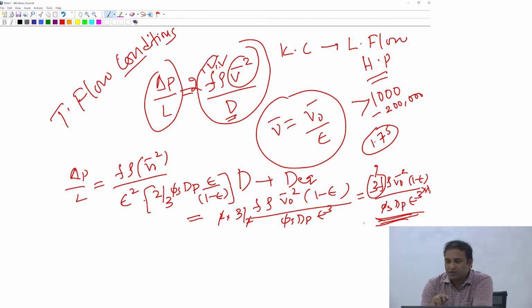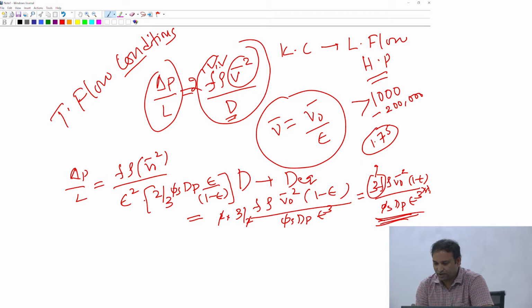These are all based on experiments that people have done. After this, the developments in correlating your delta p by L to different parameters were developed. People did a series of experiments under different Reynolds number conditions and matched the theory with the experiment, and that's how these 1.75 and 150 numbers have been obtained.